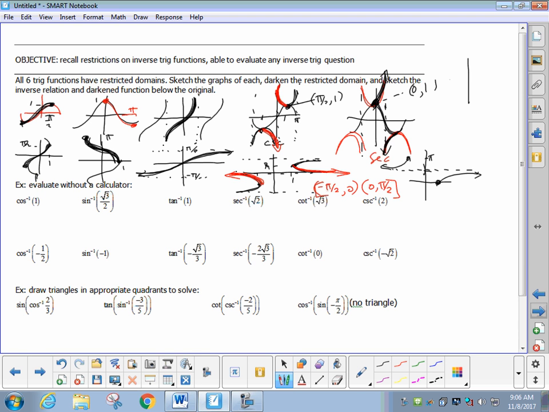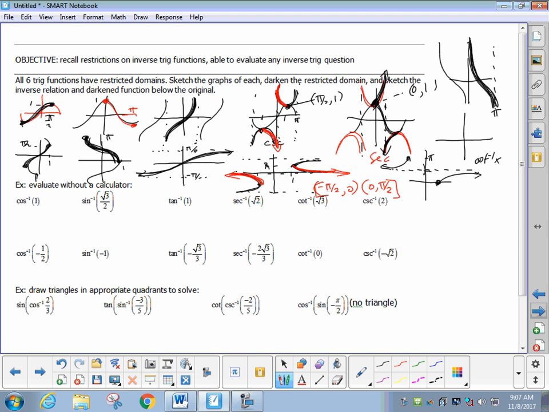What about our cotangent? Cotangent looks like this. Do you remember that? Okay, cotangent is 0 to pi, is the restriction. So what would the inverse of cotangent be?